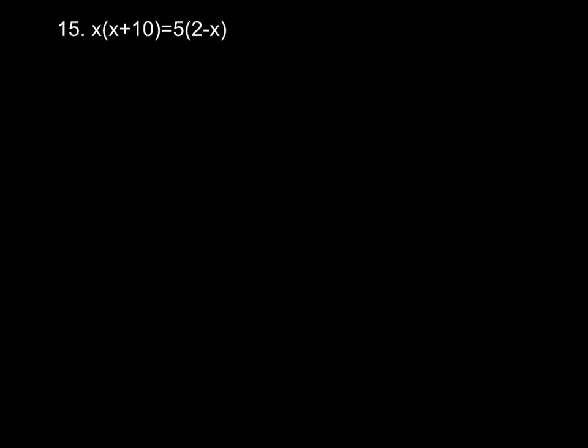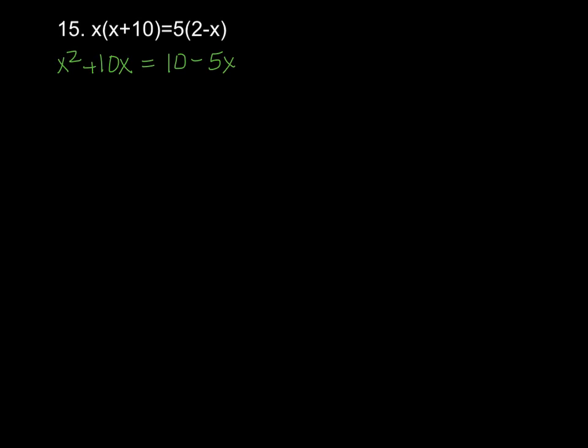They want us to find the nature of the roots, which is going to require us to get x by itself. So let's start by distributing the x through, and we're going to get x squared plus 10x equals, and let's distribute that 5 through, and then we're going to get 10 minus 5x.